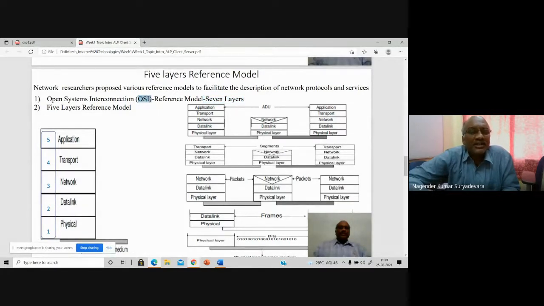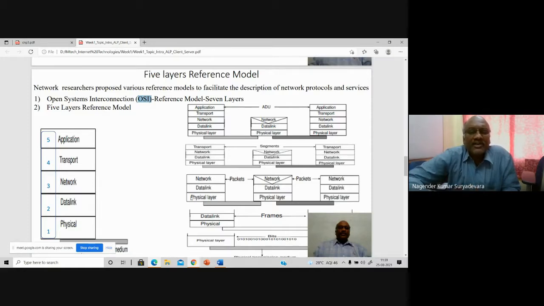The International Standard Organization, ISO, has approved this as the Open Systems Interconnection reference model consisting of 7 layers. Layers mean different stages where the information is transformed from one form to another.